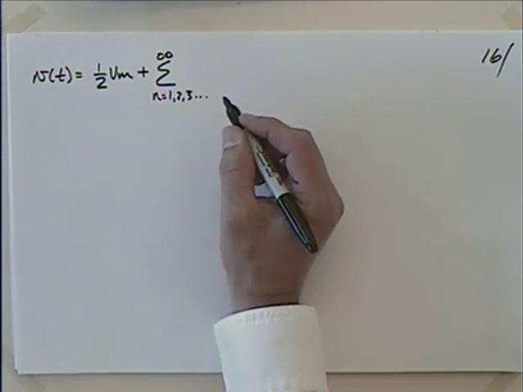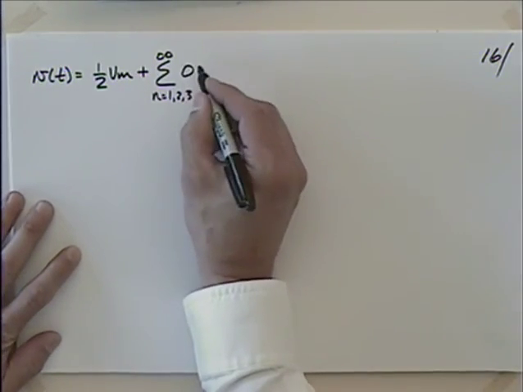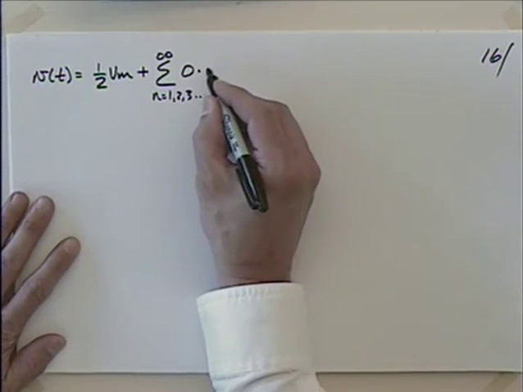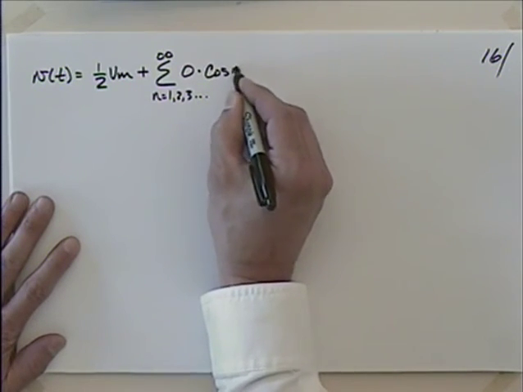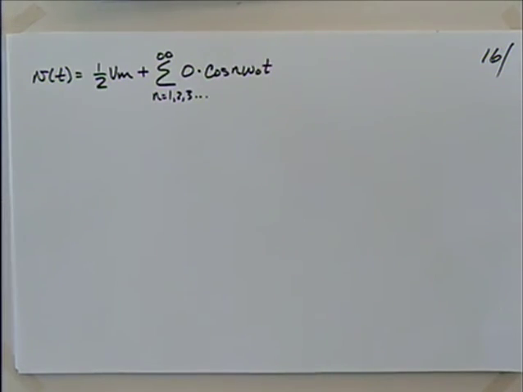What was a sub n? Yeah, 0. So I'm going to have 0 times the cosine of n omega naught t. And a lot of times at this point, even people that use k will start talking about n's for some reason.